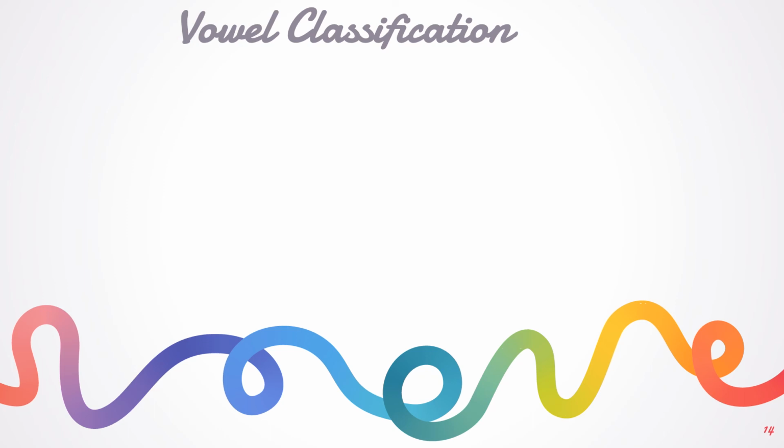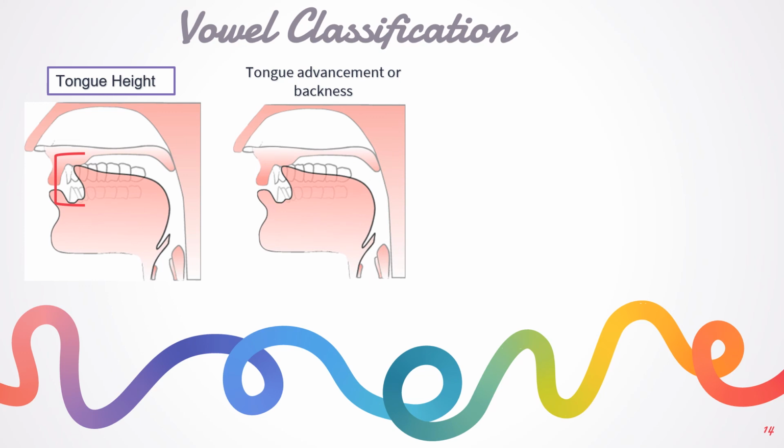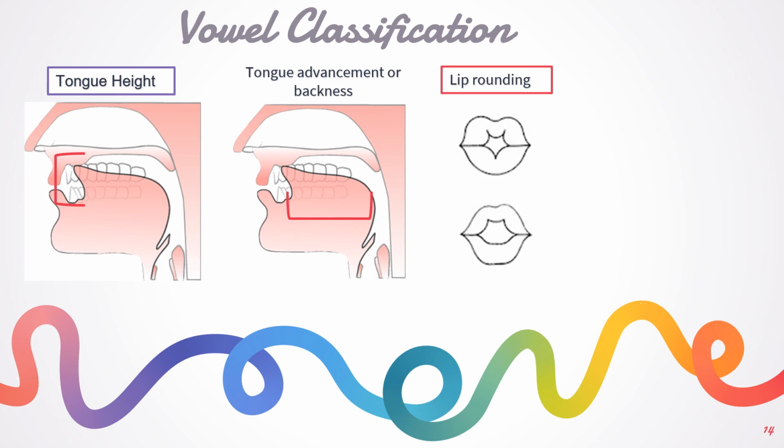Vowels are classified in 4 different categories. The first one is the tongue height. It refers to the vertical position of the tongue. Then we have tongue advancement or backness. It refers to the horizontal position of the tongue. Then lip rounded.